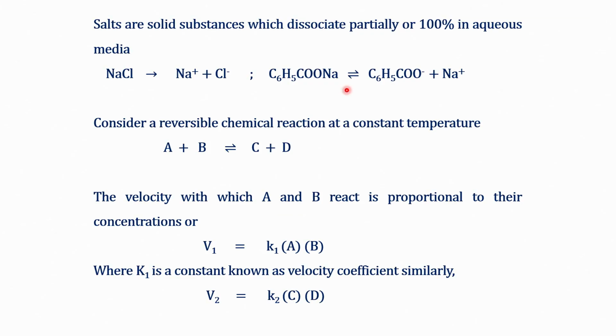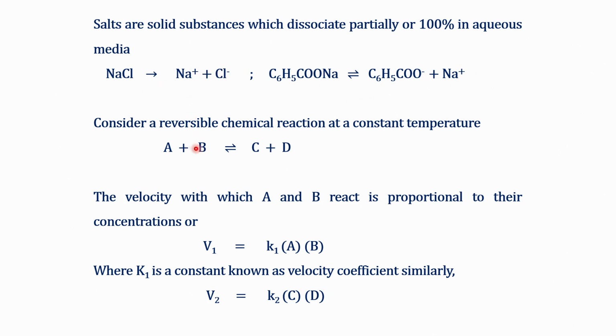So, it is a very useful chemical, that is why I have put it here in the slide. This does not dissolve totally, it dissolves partially. So, a solution will contain benzoic acid, benzoate anion and sodium ion. There are 3 entities, here it is only 2 entities.